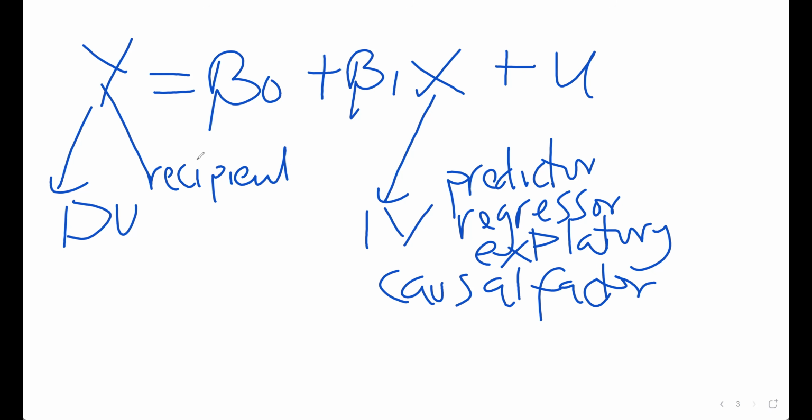The one on the right-hand side is the causal factor, and the one on the left-hand side is the recipient, the response factor. So it means that the dependent variable is affected, is influenced, is dependent on the independent variable.